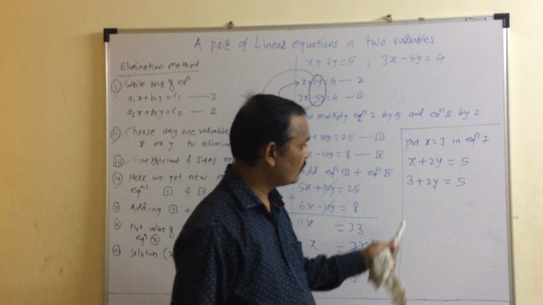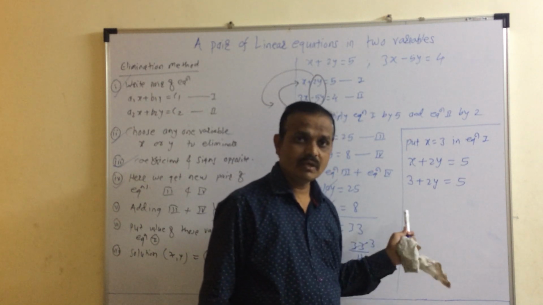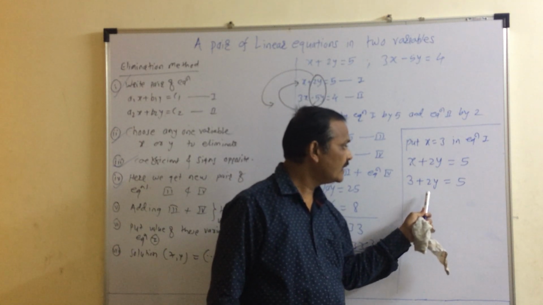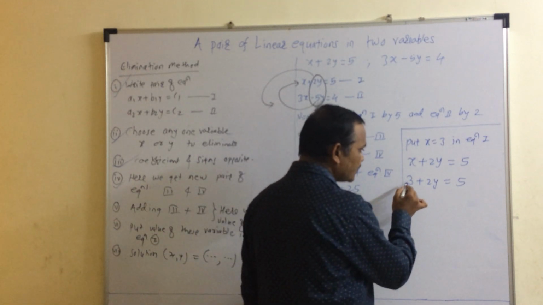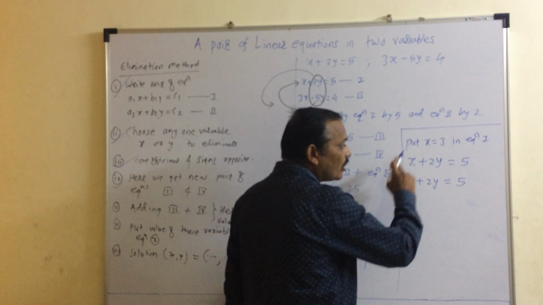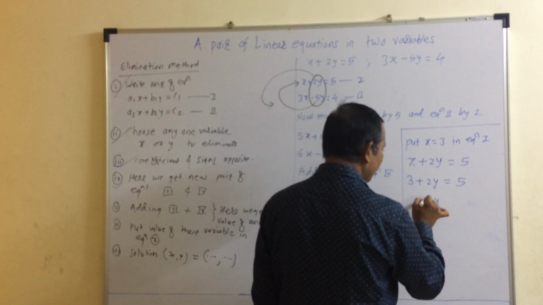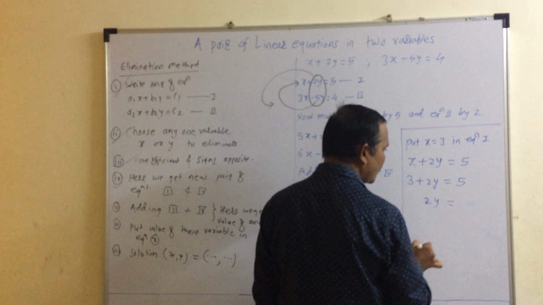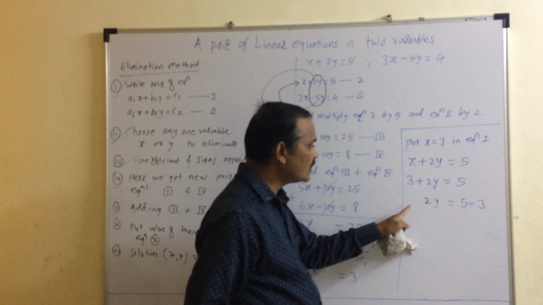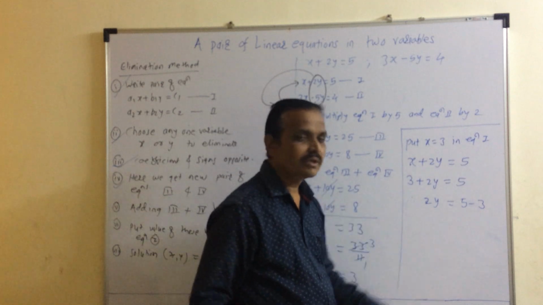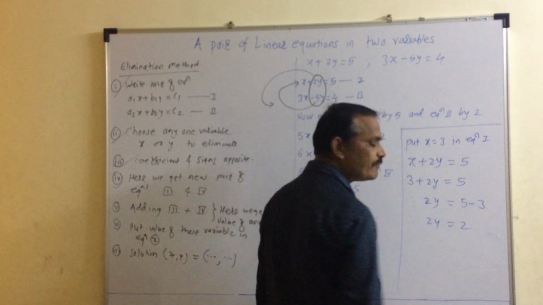Here again we get a one variable equation. So we keep the constant on the right hand side and the variables on the left hand side only. So we first transfer this 3 to the right hand side. Therefore we write 2y is equal to 5 minus 3. That means 2 times y is equal to 2.